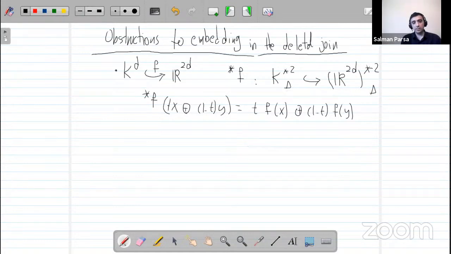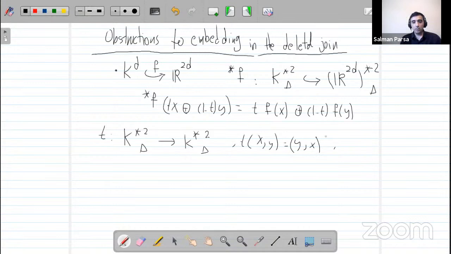It exchanges the factors. So there's this T, and this defines an action of Z2.